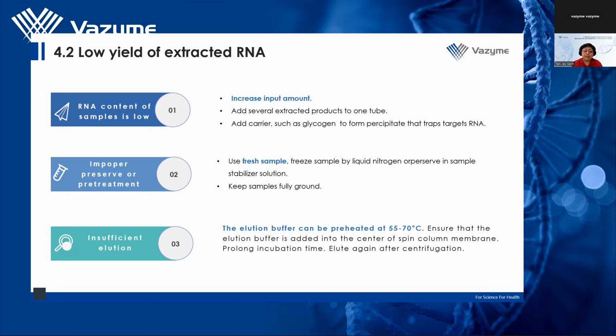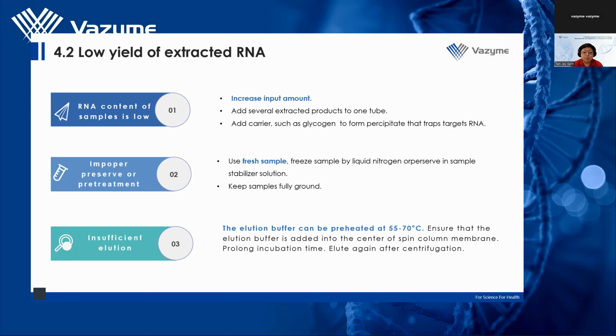Second, you can extract multiple tubes and combine them to dissolve the RNA if required. Third, adding precipitation aids like glycogen will help in RNA precipitation as well.